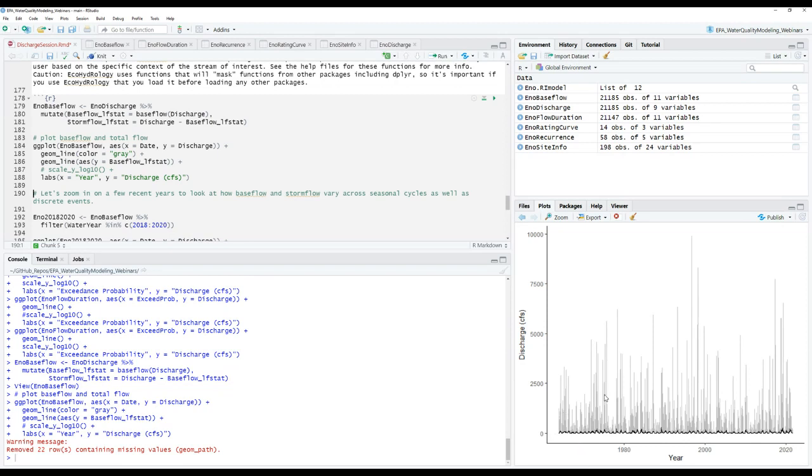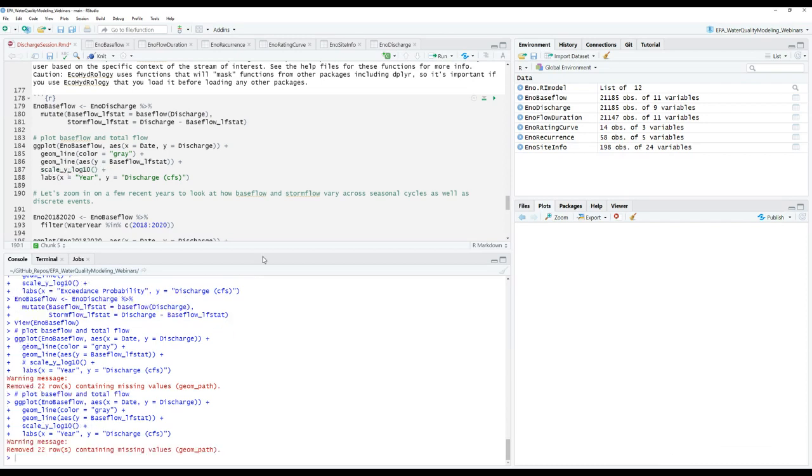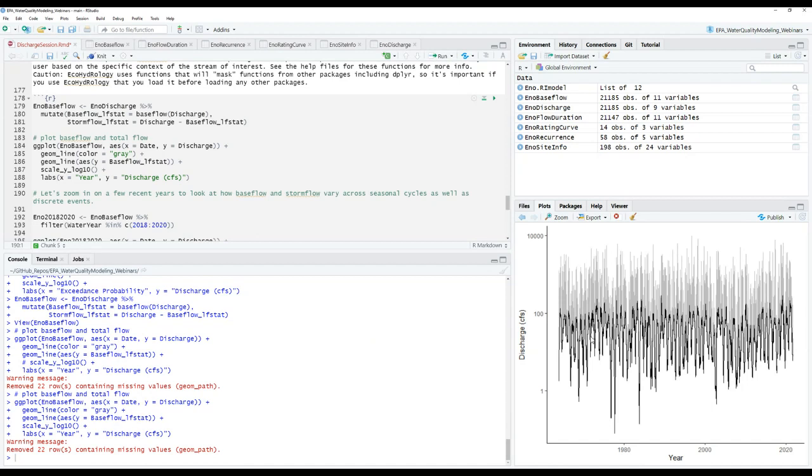Noticing our total discharge is in gray. It goes all the way up to upwards of 10,000 cubic feet per second. Notice that our baseflow in the black is fairly low. It does go up and down throughout the seasons, so that'll be interesting to unpack a little bit. If you wanted to look at this on a logged axis to really collapse some of that upper variability, I wouldn't necessarily recommend this in terms of a final output graph, but it's interesting to visualize.